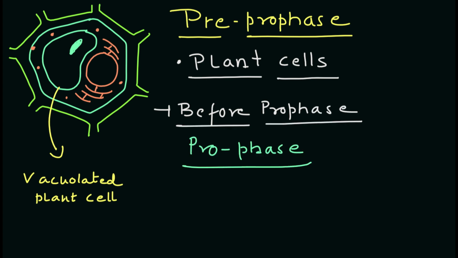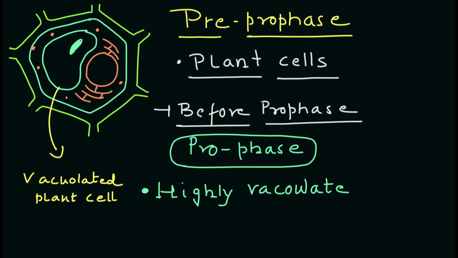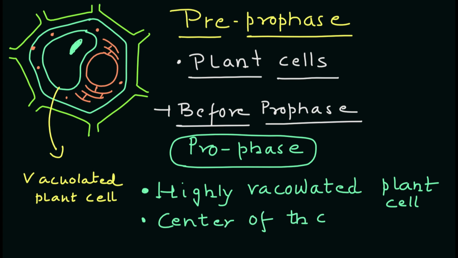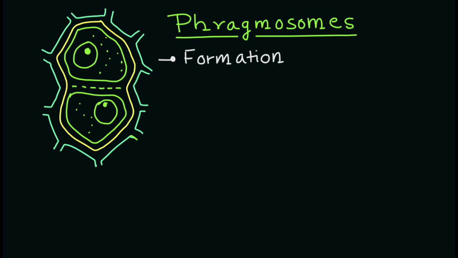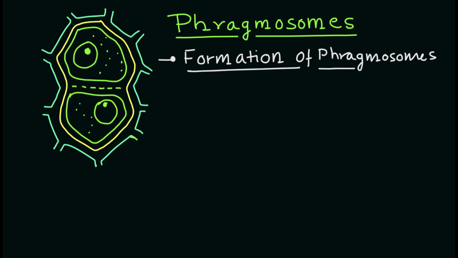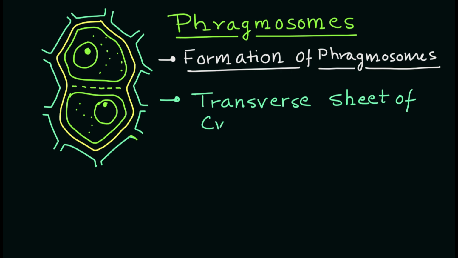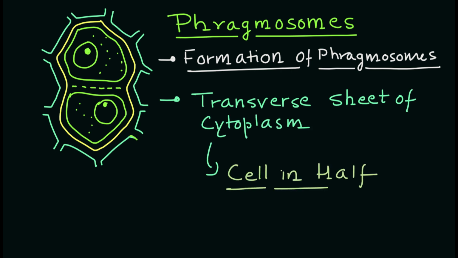Before mitosis can occur, the nucleus of highly vacuolated plant cells must first come into the center of the cell and establish itself there. This is achieved through the formation of the phragmosome, which is a transverse sheet of cytoplasm that divides the cell in half along the plane that will eventually be used for cell division.